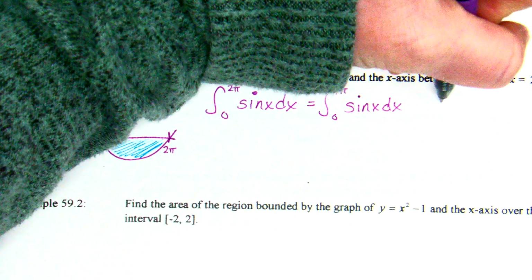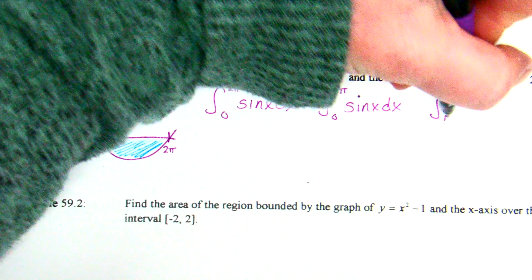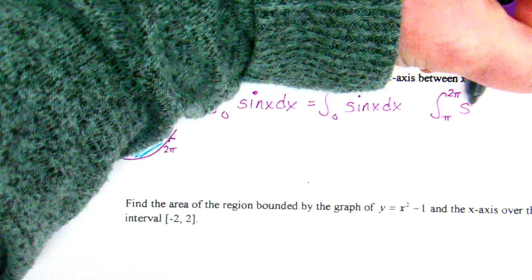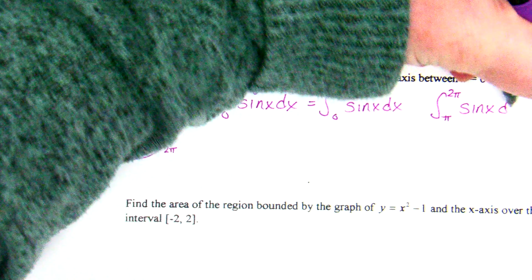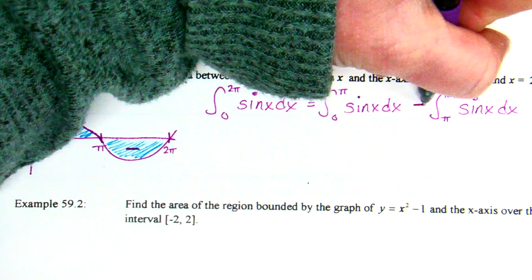And then my second integral is from pi to 2 pi of sine x dx. Now, am I adding these two integrals? No, because if I add them, I'm adding a positive and a negative, and that's not what I want, because this represents a positive value and this is going to be a negative value. If I add those, they'll essentially cancel out. So we are subtracting them.